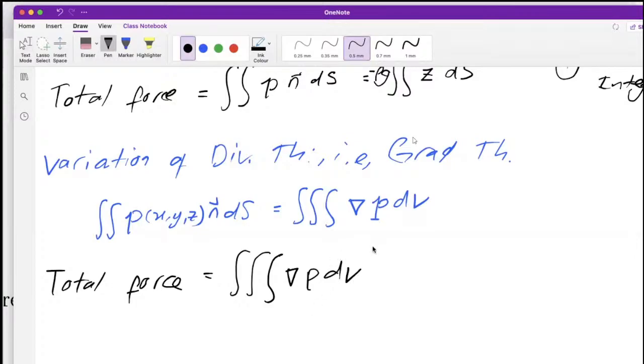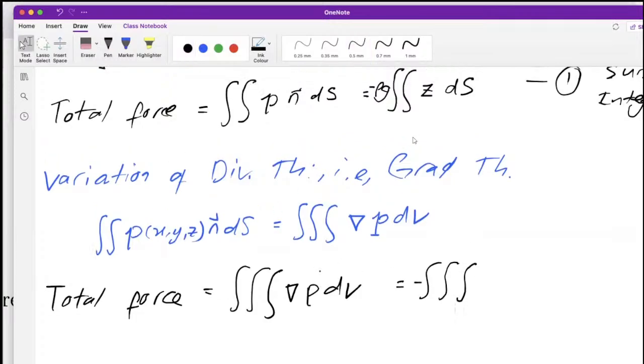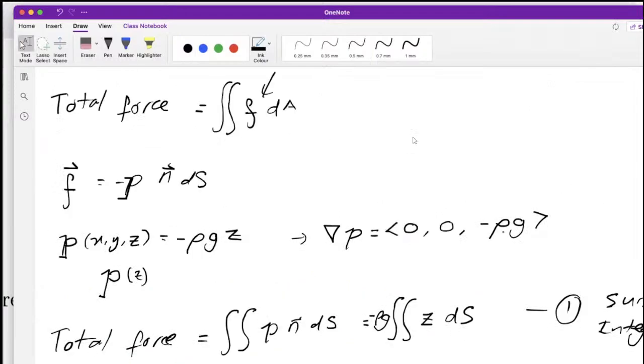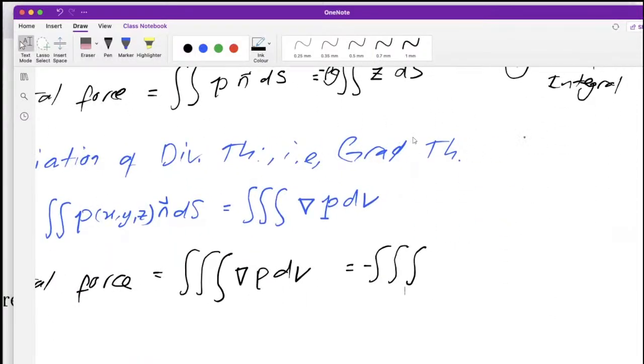Now, what is the gradient of P, which is rho g z? It's a negative rho g. I'll take the negative outside, and then you have simply rho g, and then dV.